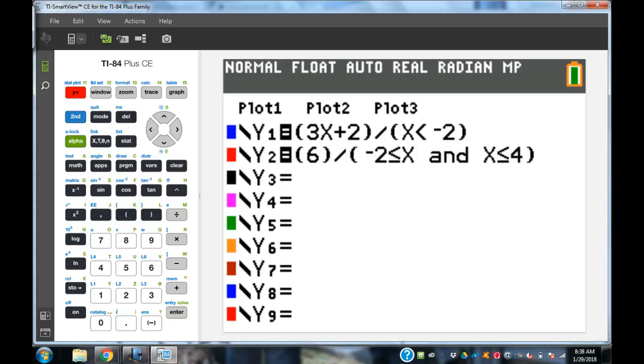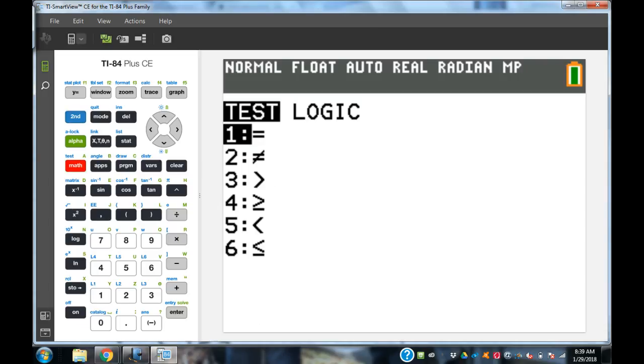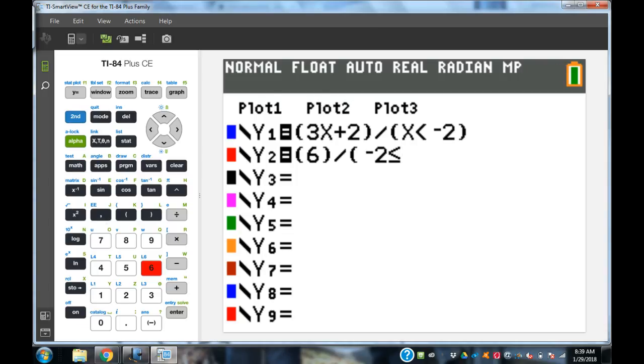All right. So to get it to do that on the second one, let's clear it out and start over. Parentheses 6 divided by parentheses, and then you're going to split that compound inequality into two. So the first one is going to be the left side of it. -2 is less than or equal to x. So -2, second test, less than or equal to x.